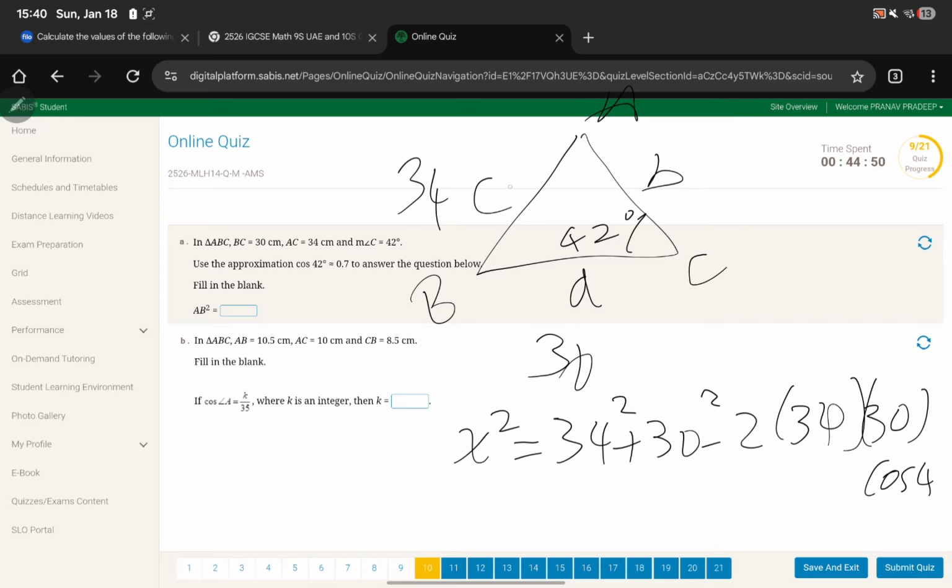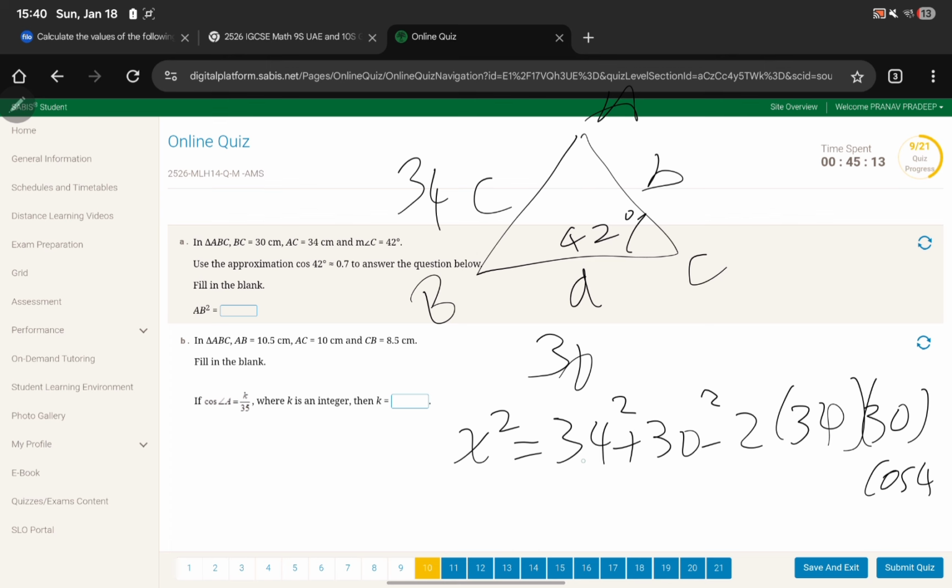What are we finding here? We're finding AB, which is nothing but C. We know that C squared equals A squared plus B squared minus 2BC times cos C. Is it clear? It's very, very clear.